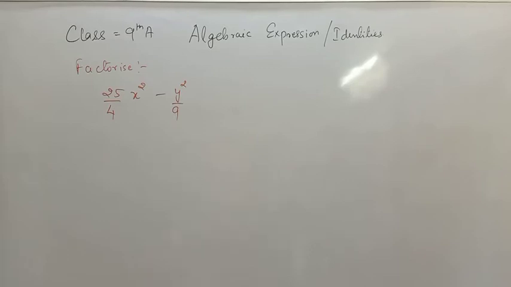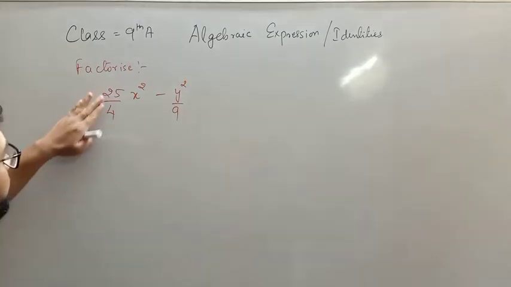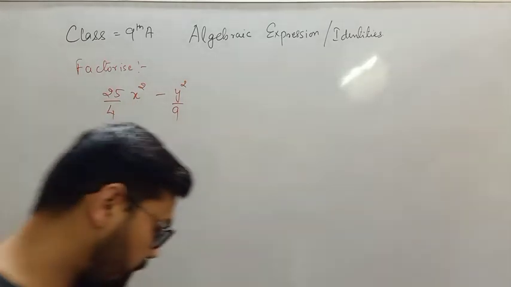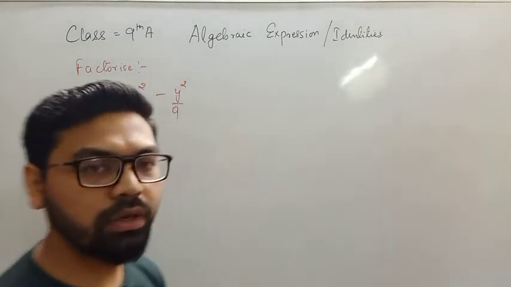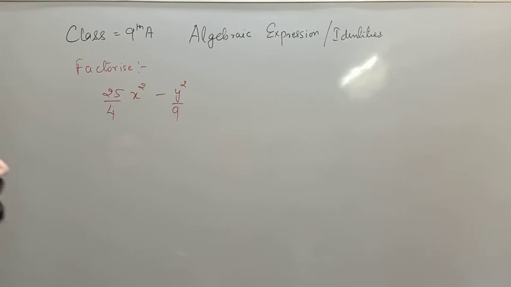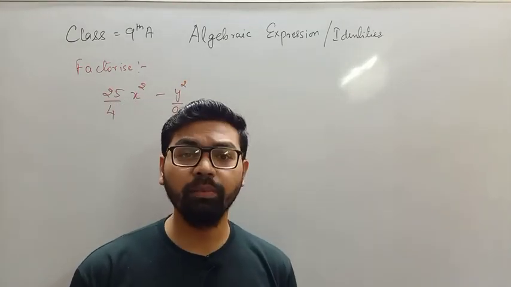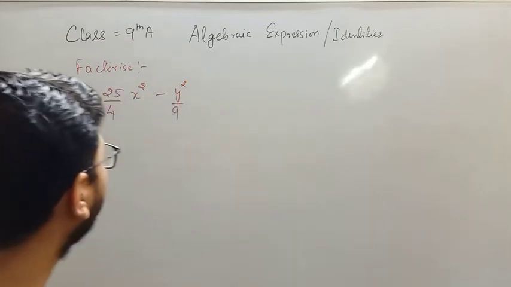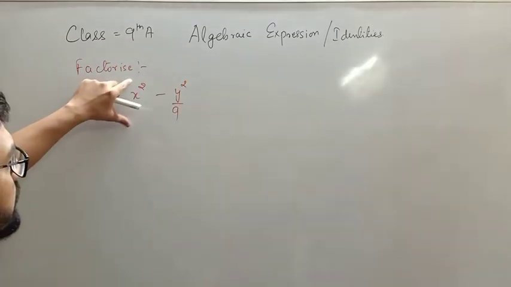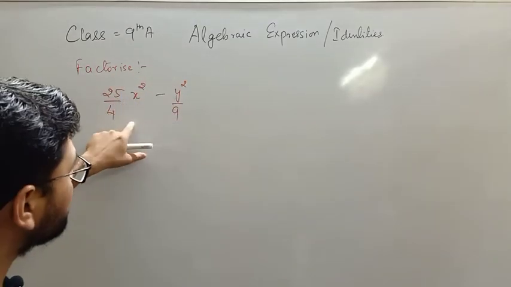Now see this question and how to apply an identity in this question. The simple question is: factorize 25 by 4 x square minus y square by 9. Now how to solve this? First you need to identify which identity you can apply in this question. So let's say this is a square, let's say this is b square, so a square minus b square.